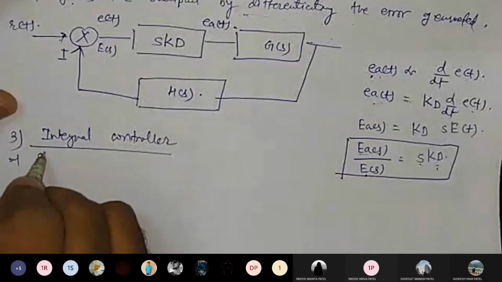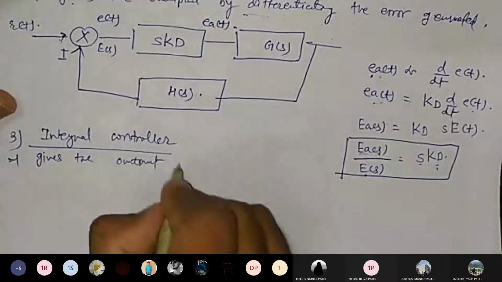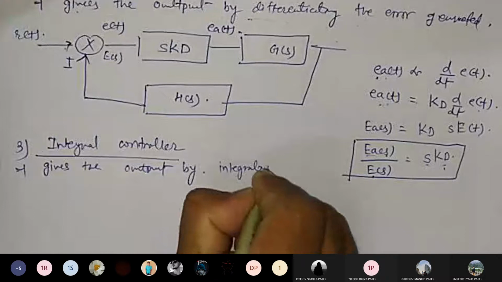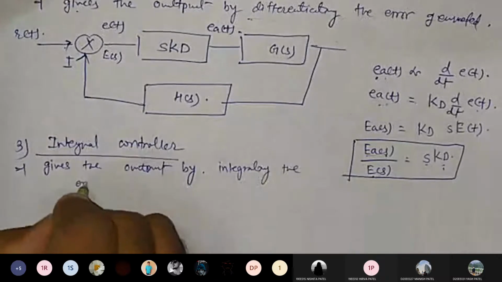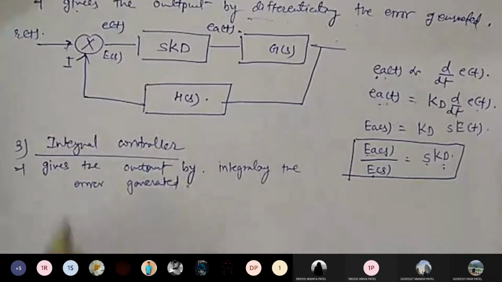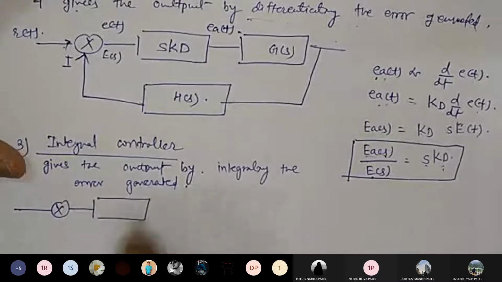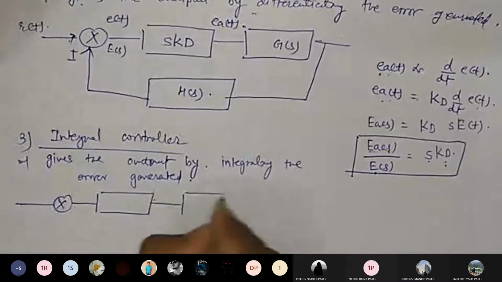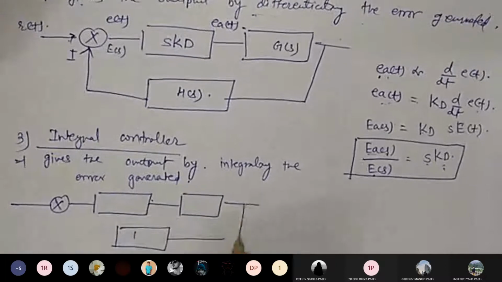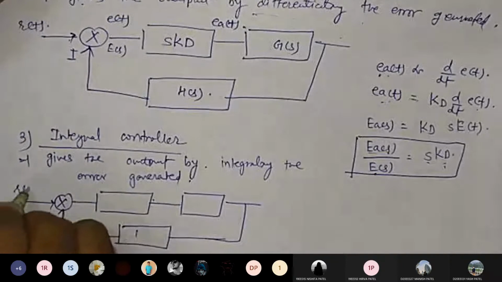Similarly, it gives the output by integrating the error generated. So I'm again drawing the block diagram over here. You'll be having G, plus or minus, that is nothing but R of t.